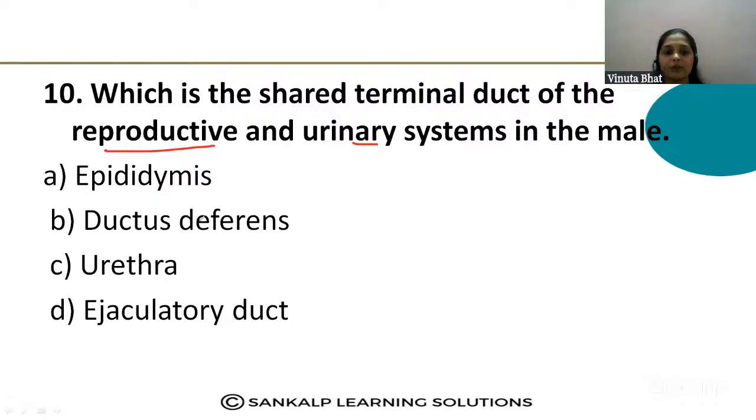What is it called? Epididymis, ductus deferens, urethra, ejaculatory duct. Write down the answer for the 10th question. That is the urethra. That is the common tract for the reproductive and the urinary system. So in male, it is called a urinogenital system.